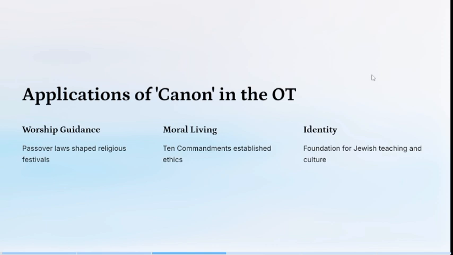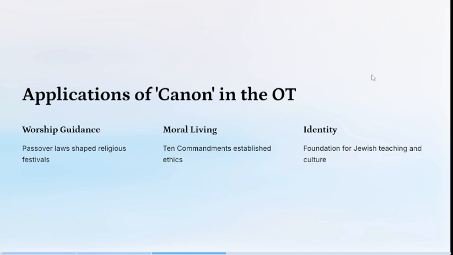Then we also have the literary influence, whereby the Old Testament narratives, the poetry, and the wisdom literature have shaped Western literature today and continue to inspire artistic expression. Also, we have the cultural heritage, where the Old Testament has influenced Jewish and Christian traditions, including the ethics and values in shaping Western cultural identity.